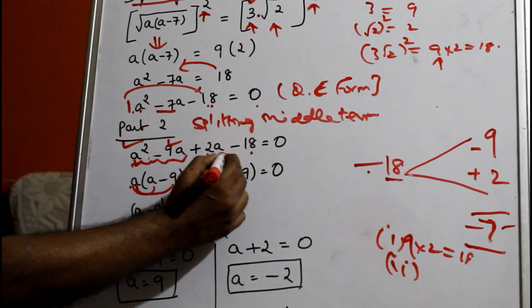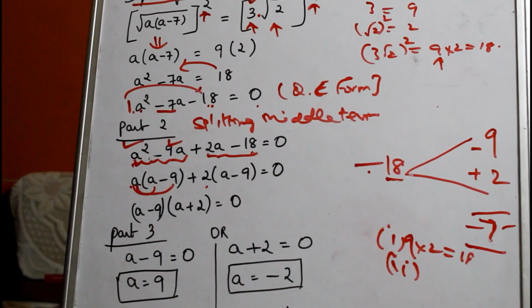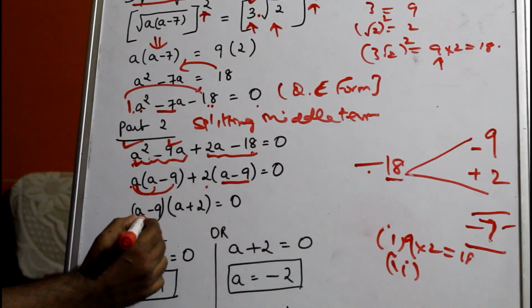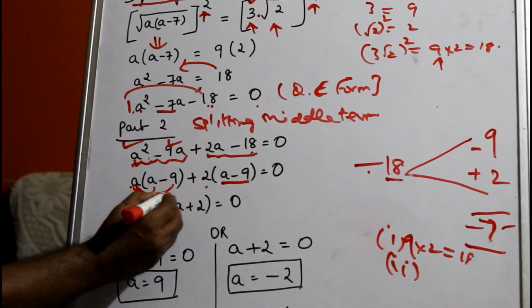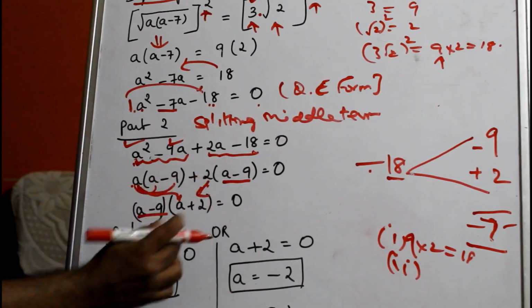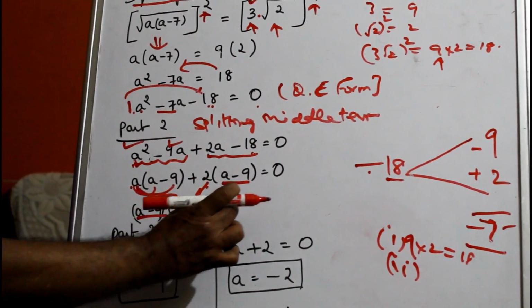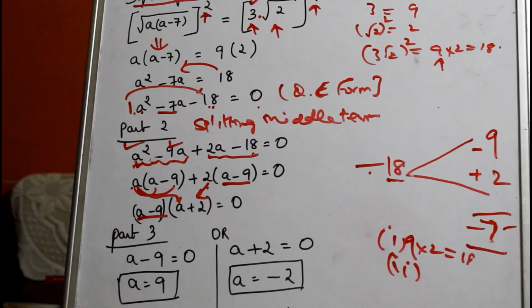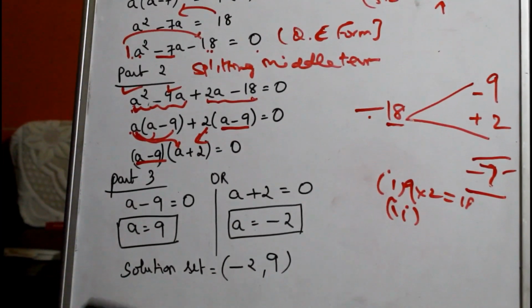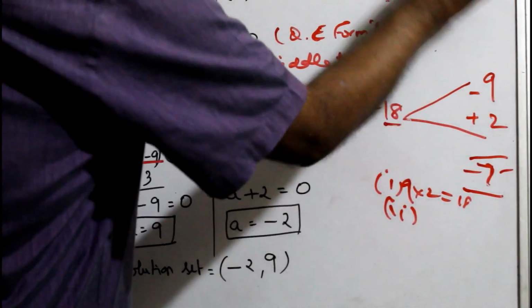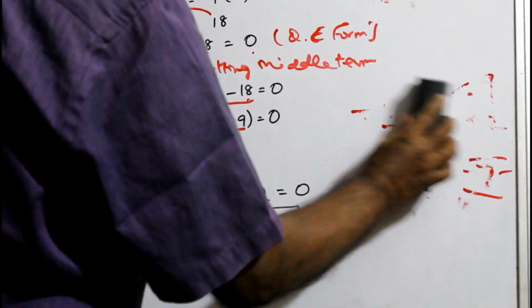In these 2 numbers, 2 is common. When you take 2, you get a minus 9. Again, this factor a minus 9 is common. You write this. The remaining a will come here and 2 will come here. So you get a minus 9 into a plus 2 equal to 0. So this is what you are actually factorizing. So finally, you have to solve it.